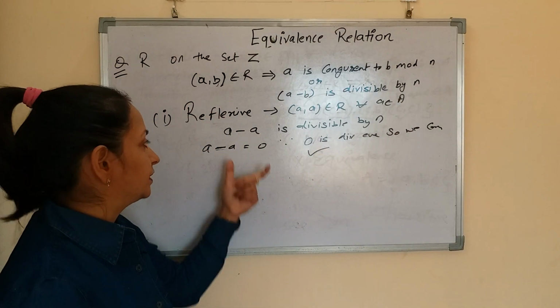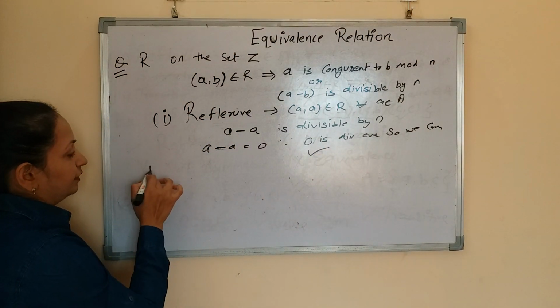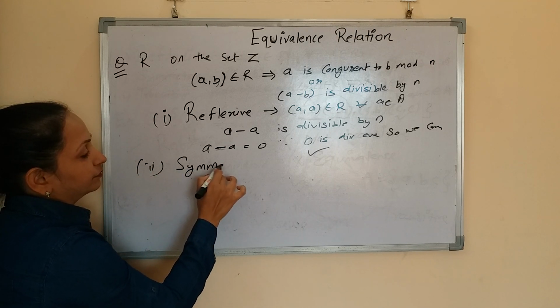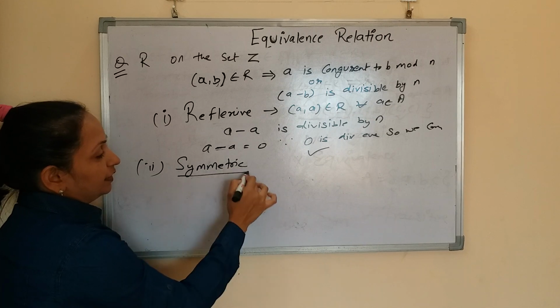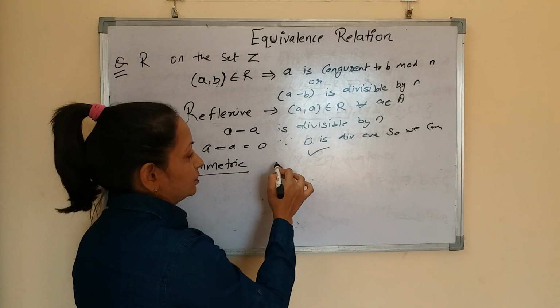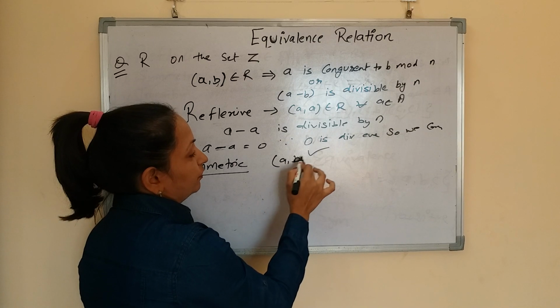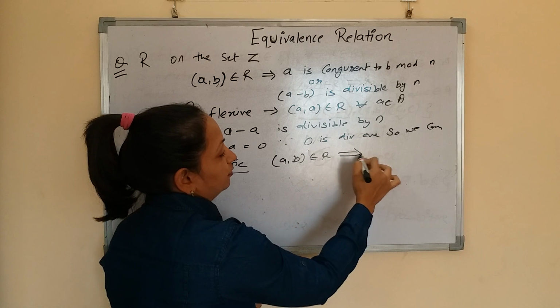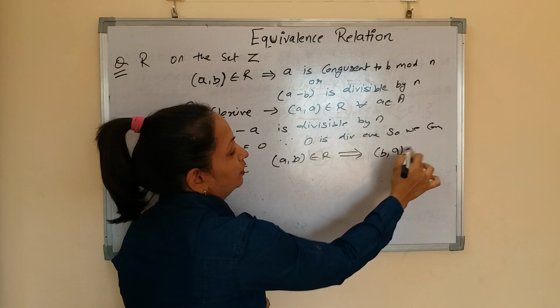So here we checked for the reflexivity, and the second condition is symmetric. You know the condition of symmetric, that is if (A, B) belongs to R, then (B, A) must belong to R. That is the condition for checking symmetry.